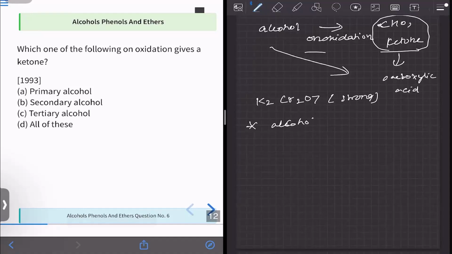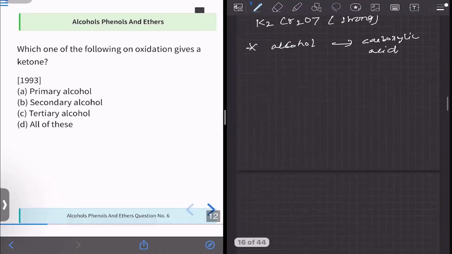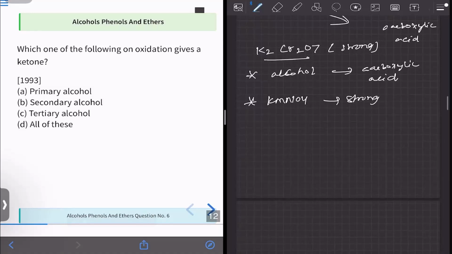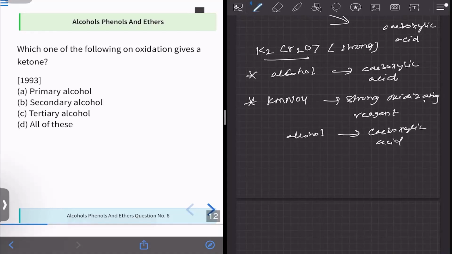So it converts alcohol into carboxylic acid. Potassium dichromate and potassium permanganate are also strong oxidizing reagents, so they directly convert alcohol into carboxylic acid.